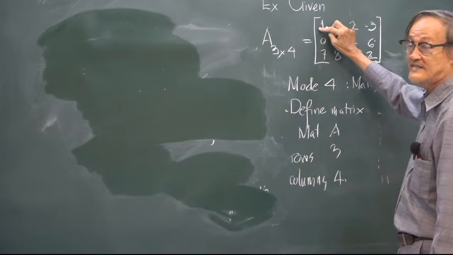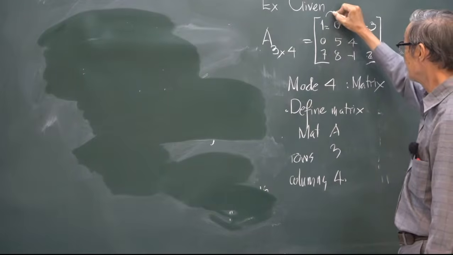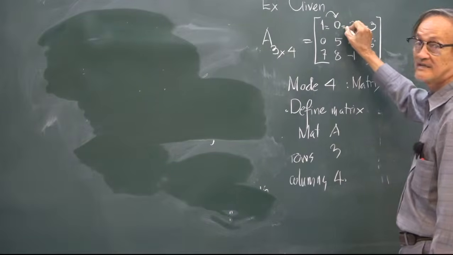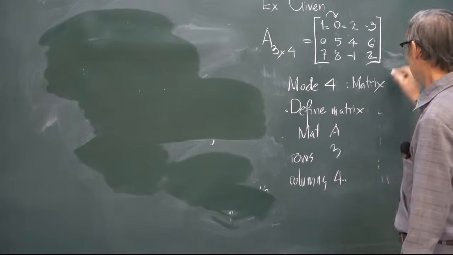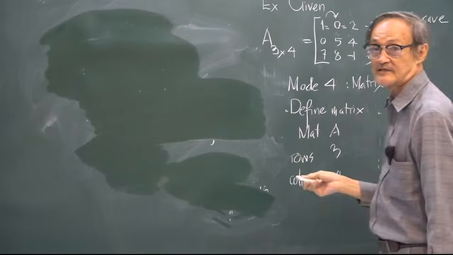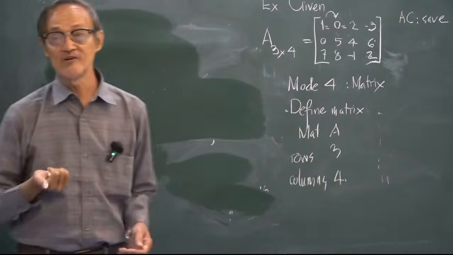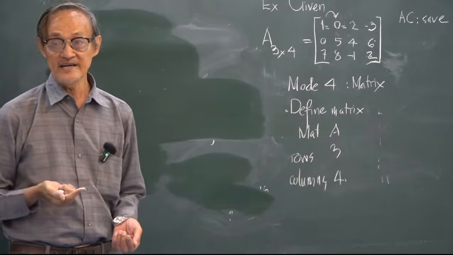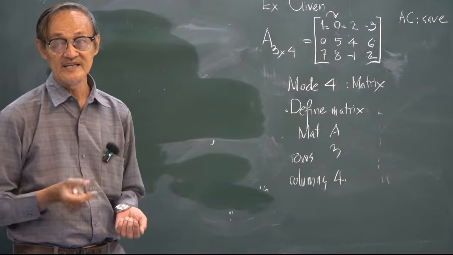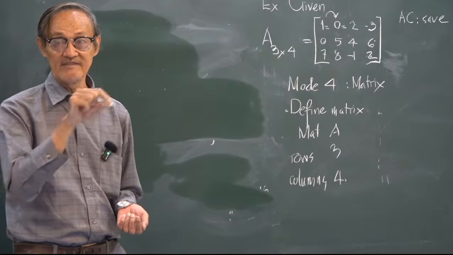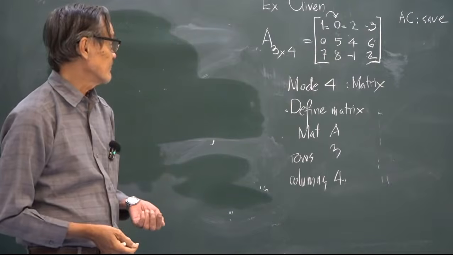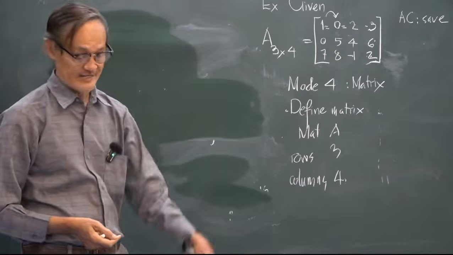We enter 1 equals and we move to the next position 0 equals, etc. And we press AC to finish. Number 4 matrix. Define matrix mat A. Number of rows 3. Number of columns 4. And we enter each element from the left to the right and from above to below. Then we press AC.